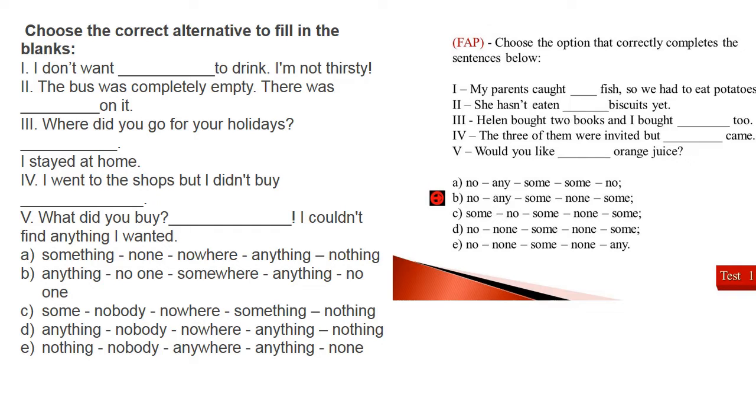She hasn't eaten biscuits yet. The answer: she hasn't eaten any biscuits yet. 3. Helen bought 2 books and I bought 2. The answer: Helen bought 2 books and I bought some too.